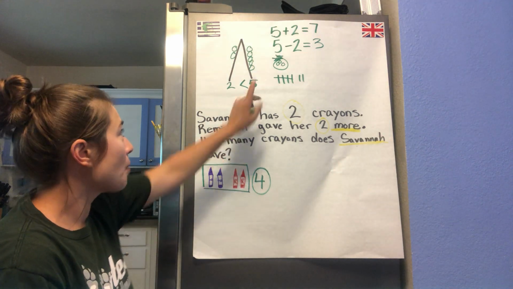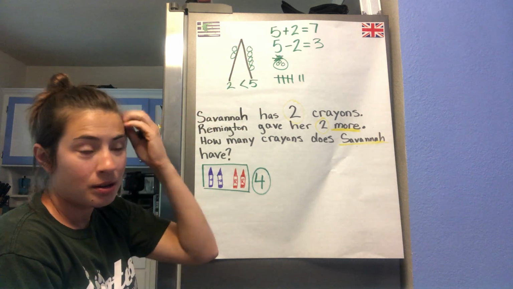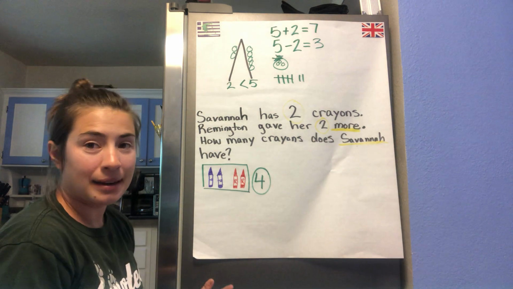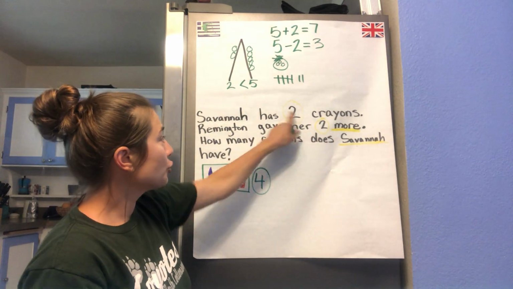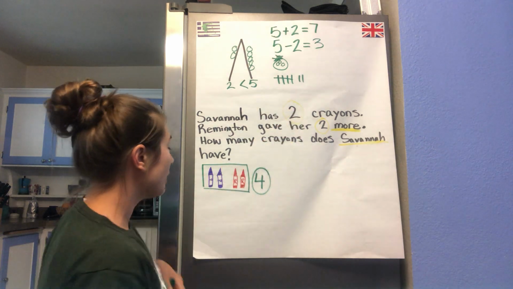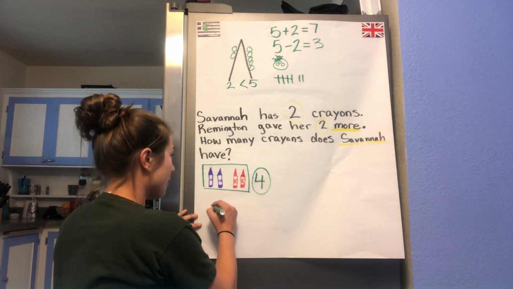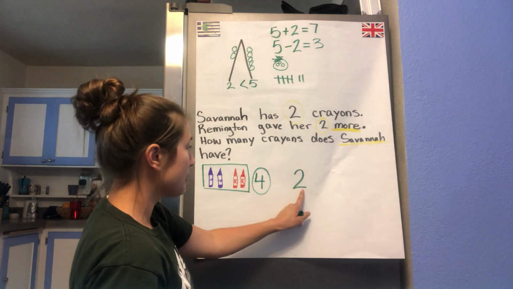Now we drew a picture. I'm going to do an addition equation because we already know more means we'll be adding. So I'm going to start with 2 because that's the number I have highlighted. I'm using my highlighted numbers. Savannah has 2 crayons.